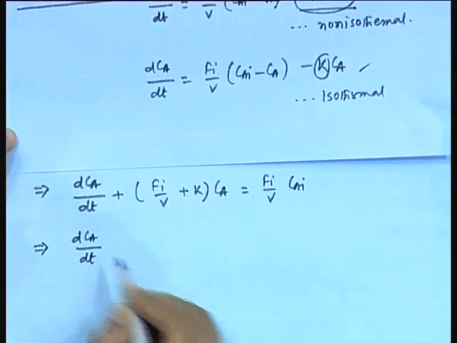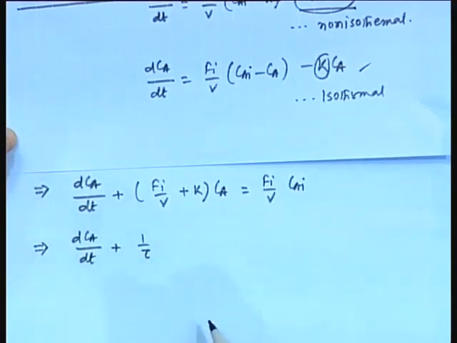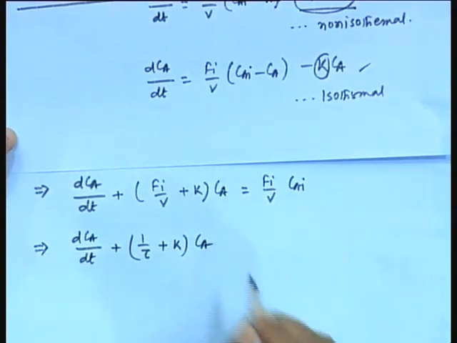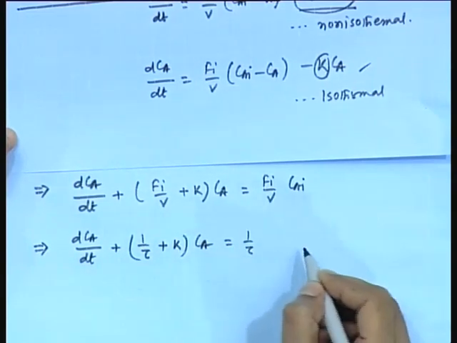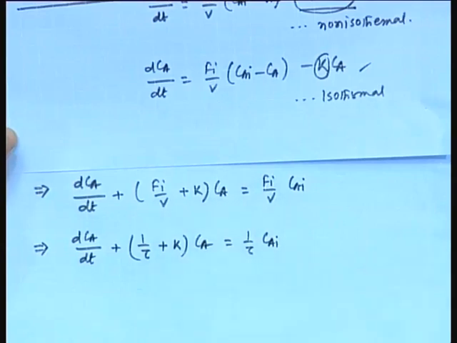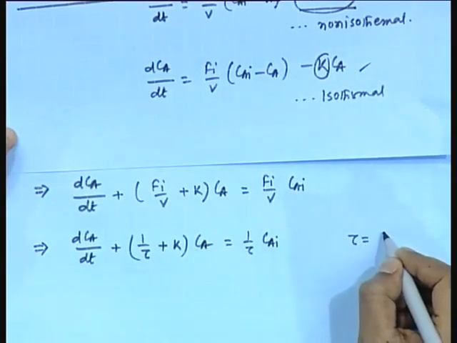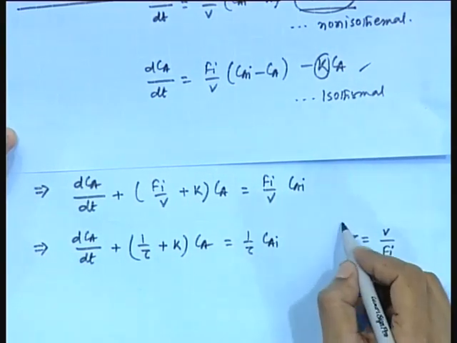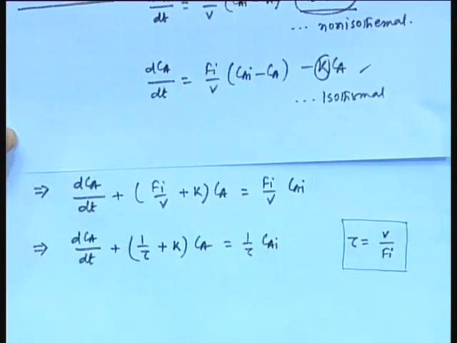It gives dCa/dt plus (1 by tau plus k) times Ca equals 1 by tau times Cai, where tau is V divided by Fi.